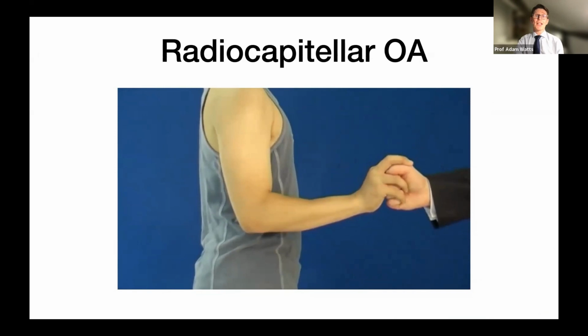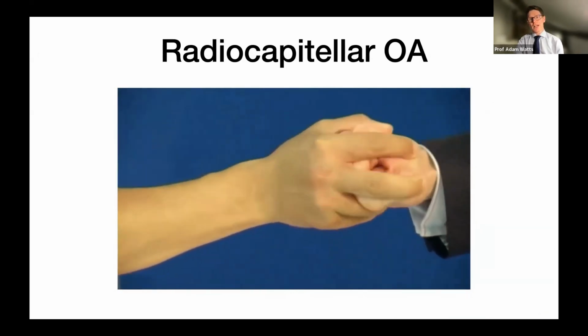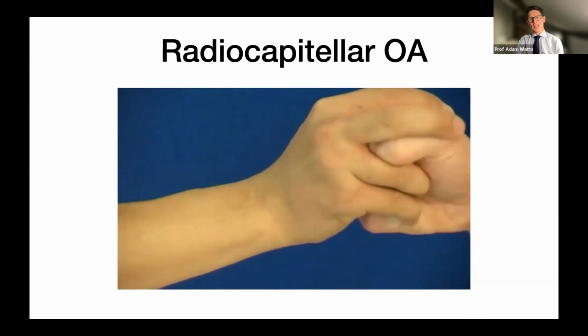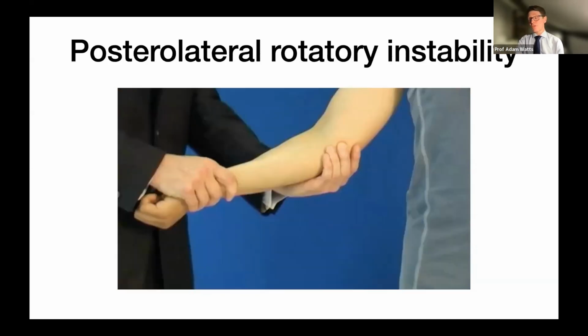The grip and grind test is a helpful test to assess for radiocapitellar osteoarthritis, because you get co-contraction of the common flexor and extensor origins, and that will often reproduce pain. But again, you can get a positive test in tennis elbow.